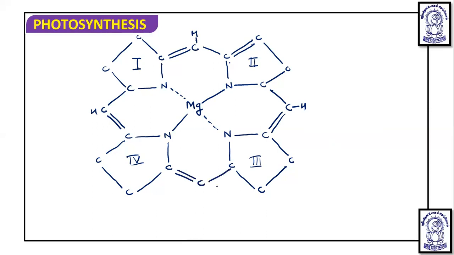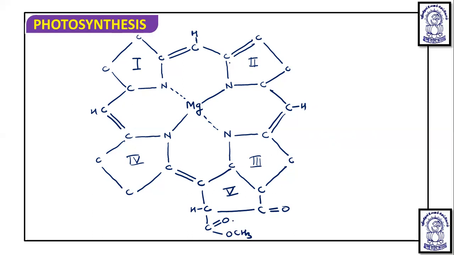Now this carbon is attached through C double bond O. And this is the fifth ring, and this CH is associated with the C double bond O and OCH3.